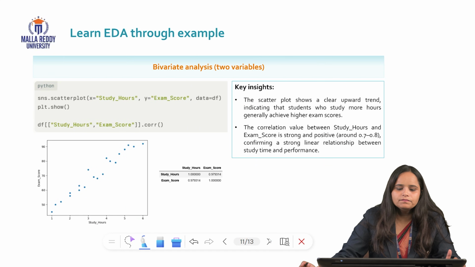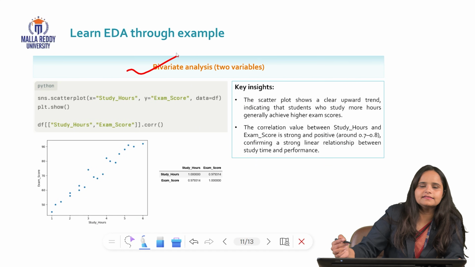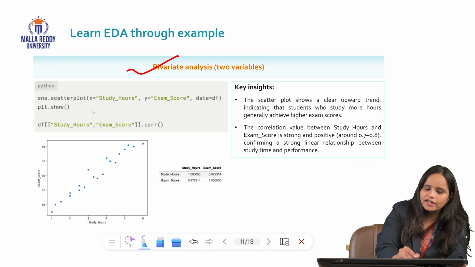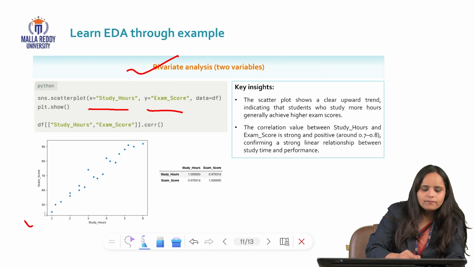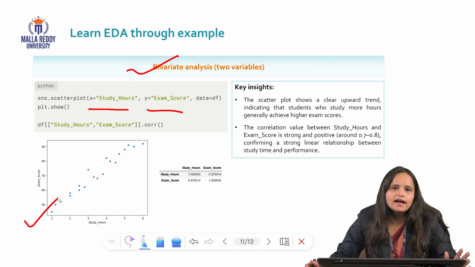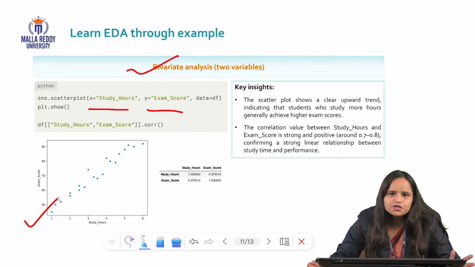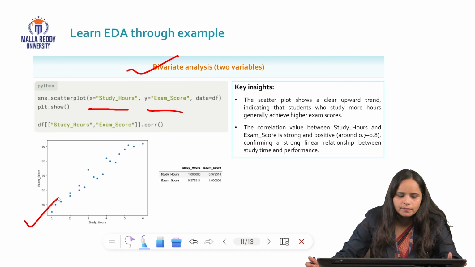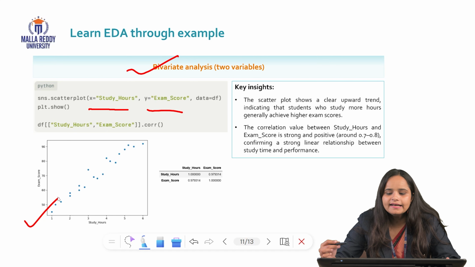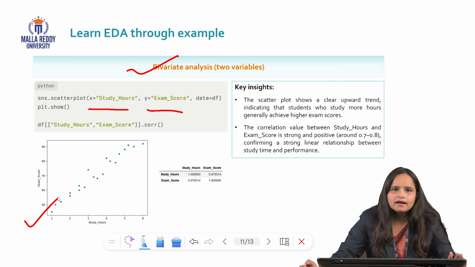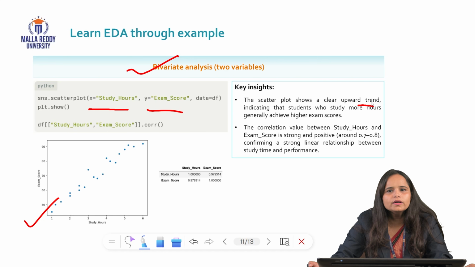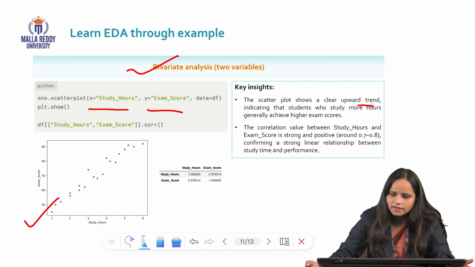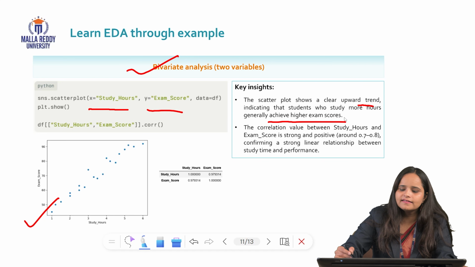Then, we have moved on to the bivariate analysis. In the bivariate analysis, we have taken 2 variables, study hours and exam scores, and we have plotted a scatter plot. A scatter plot is used to show the relationship between 2 continuous variables. From this plot, we get the key insight that there is clearly an upward trend, indicating that students who study more hours will achieve higher exam scores.